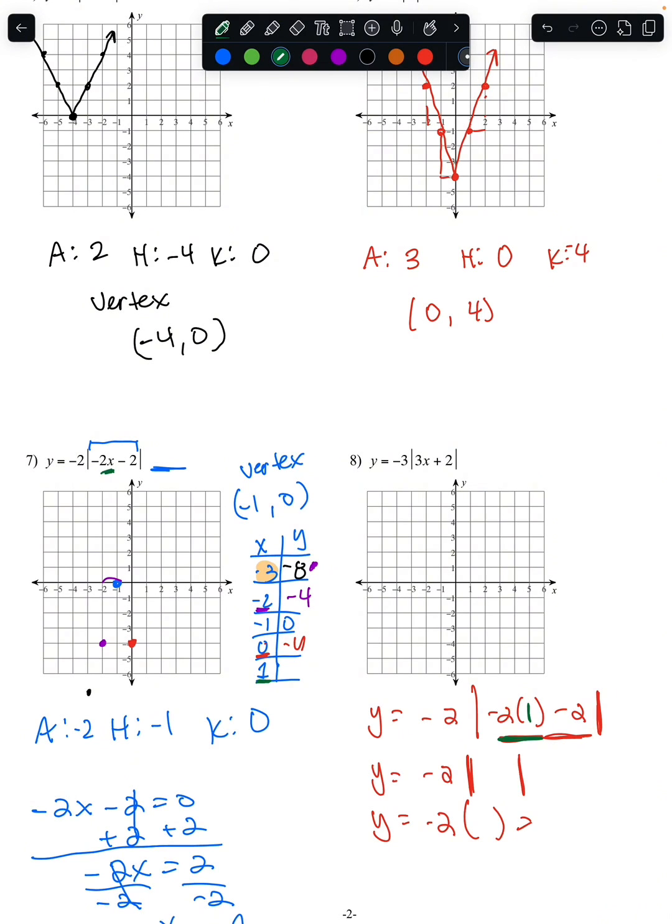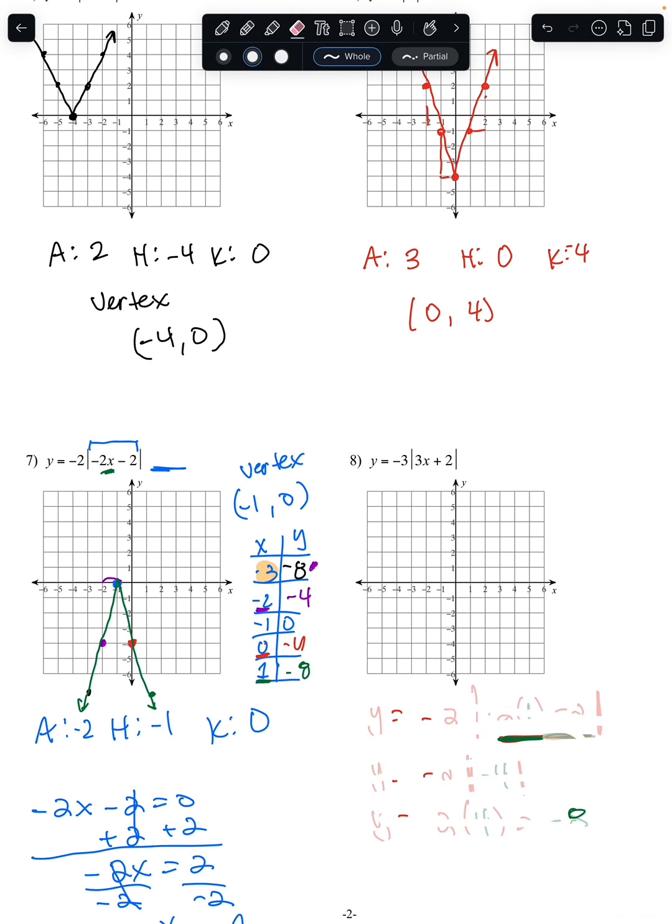Negative 2 minus 2 is negative 4. What's the absolute value of negative 4? Positive 4. Negative 2 times a positive 4 is negative 8. And that would have ended up this way-ish. And then when I actually graph it, it'll look like that one. Okay? So I'm going to erase this one.